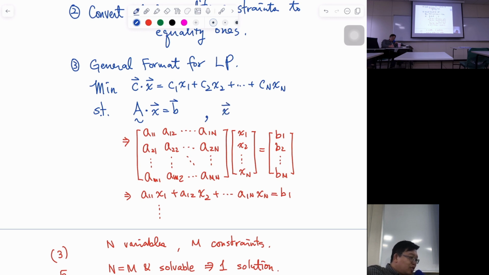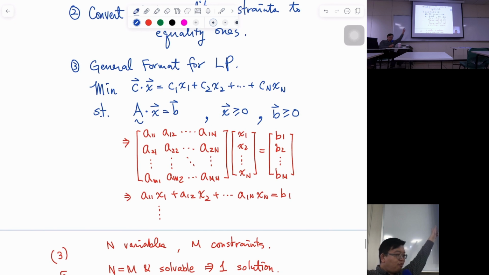We want all the variables to be positive, and also we want the coefficients on the right-hand side to be positive. So all the variables have to be positive, and all the b's have to be positive. Okay, those are special rules for linear programming, and I will let you know later on why. Okay?